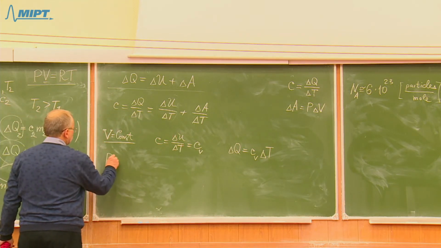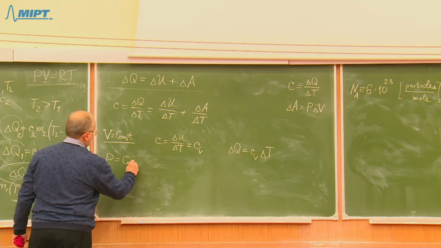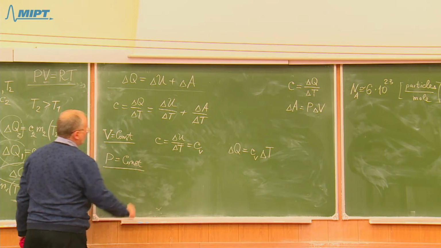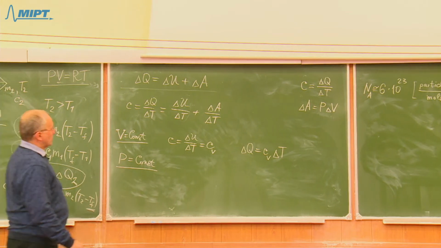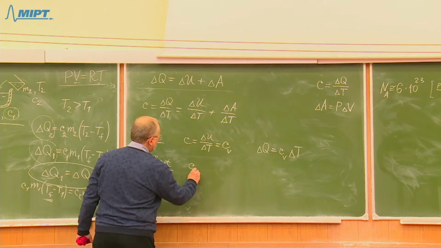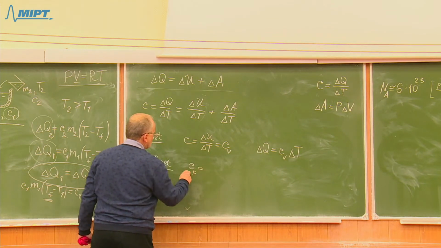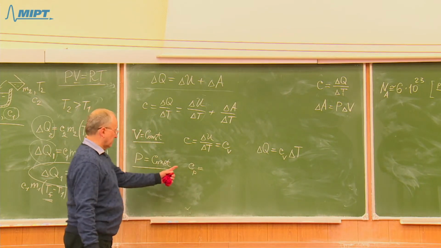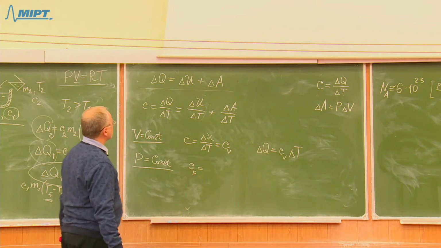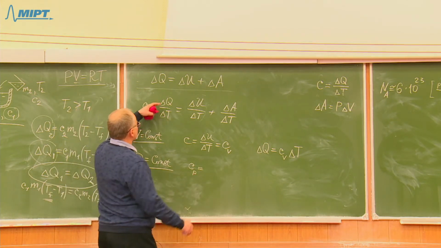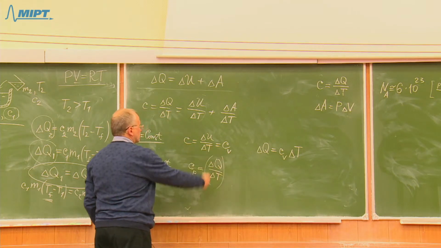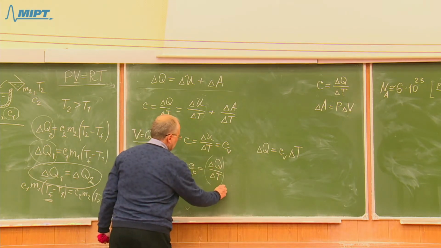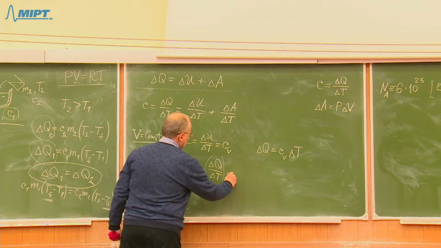Now let's consider conditions under constant pressure. What means if pressure is constant? Then the heat capacity of gas is denoted by Cp, which is heat capacity under constant pressure, and that will be given again by the same formula under constant pressure. To underline that we take this expression under constant pressure, we denote it by such a symbol.